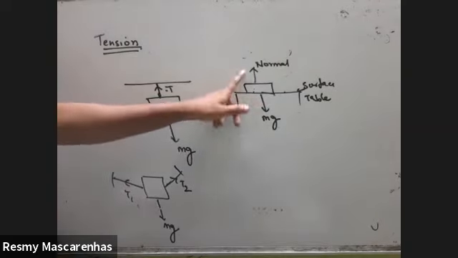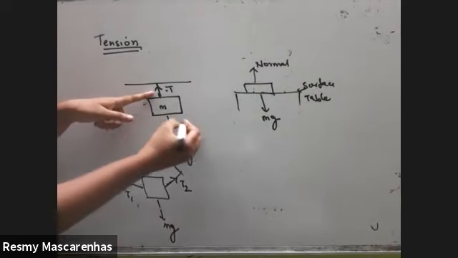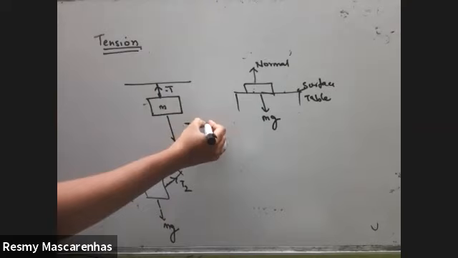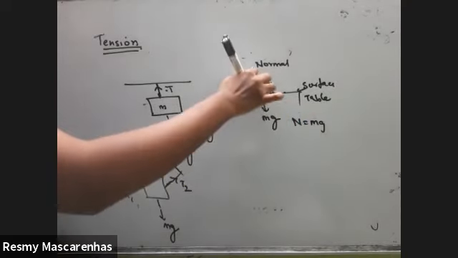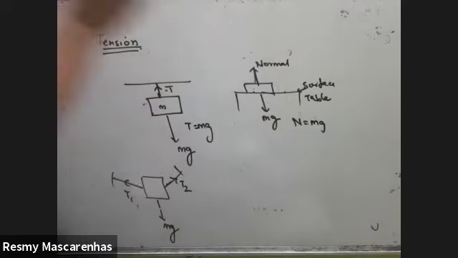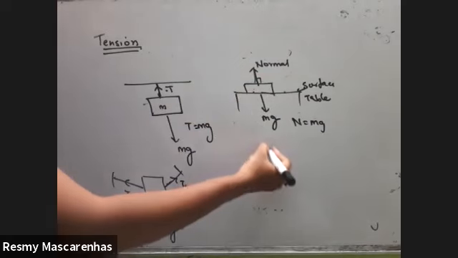Again, this is in the opposite direction, and this T will always equal mg, and this N will equal mg, as long as they are exactly in opposite directions. Both should be at 90 degrees to the surface.